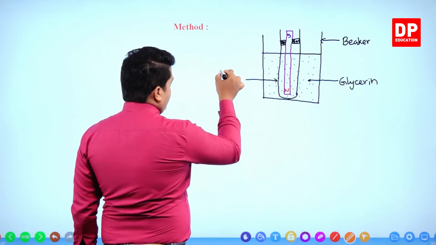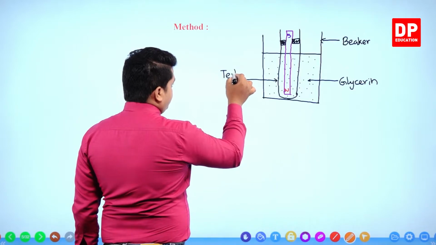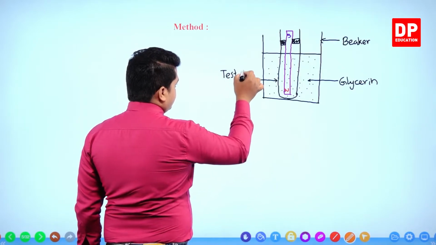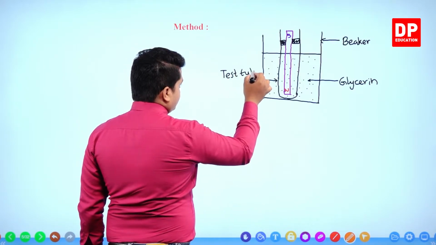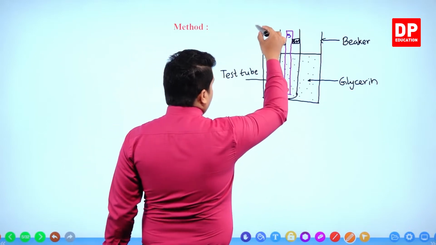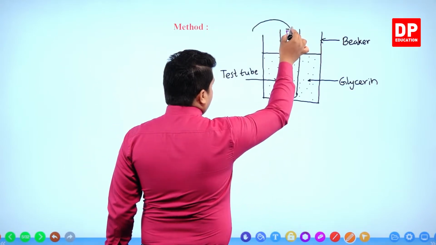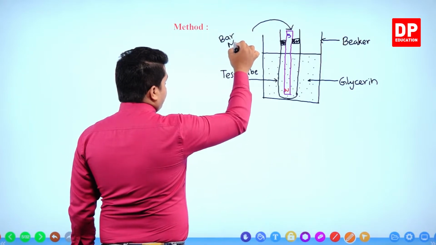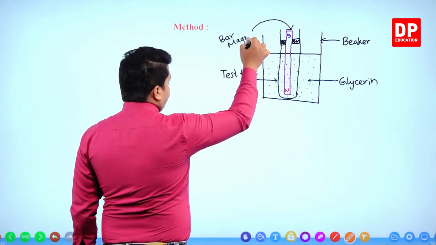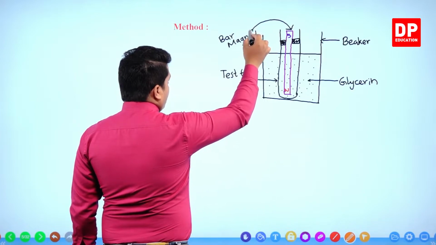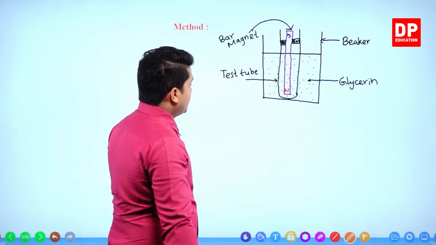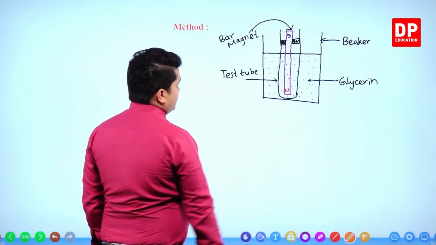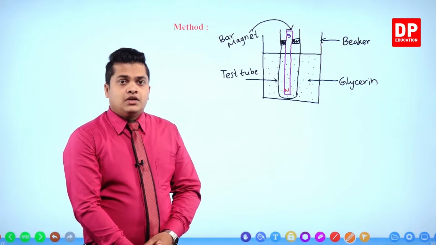This is the test tube, and this is the bar magnet. The bar magnet.